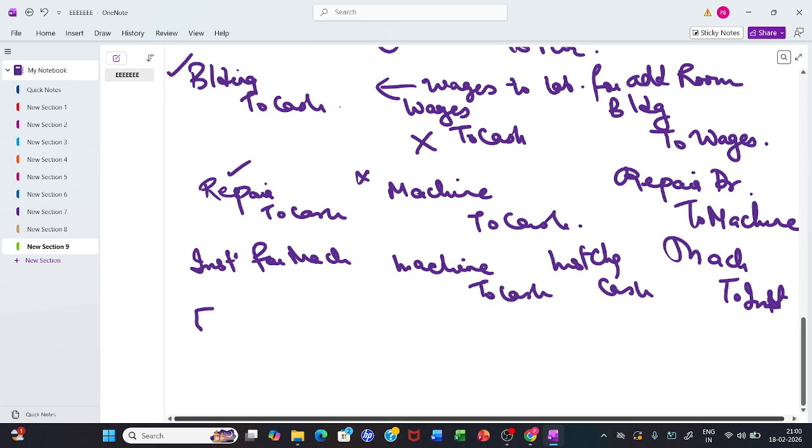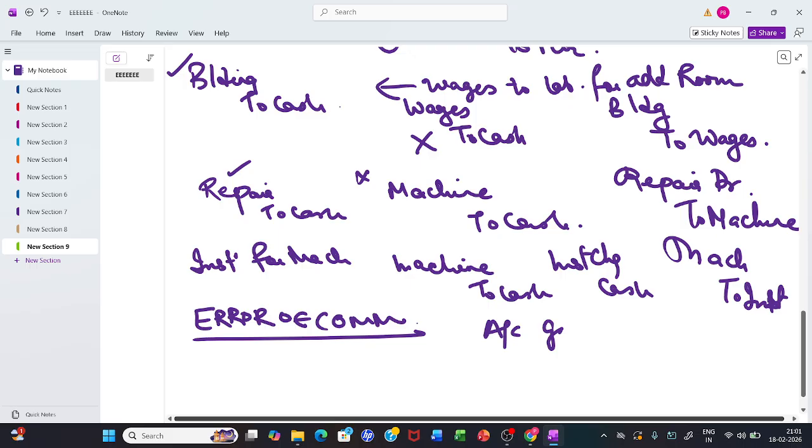Now comes error of commission, the last category under two-sided errors. When we have error of commission, earlier our account was always correct, but now the account goes wrong. All other things are correct.